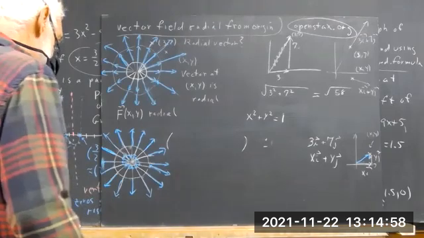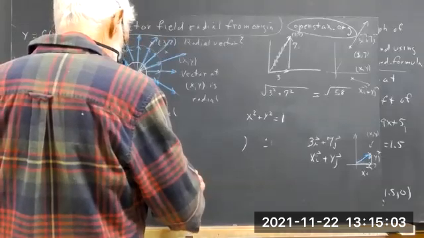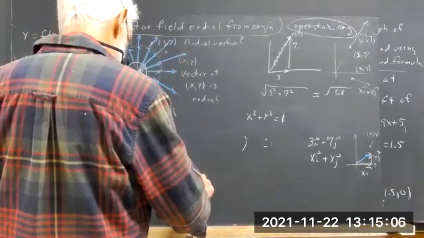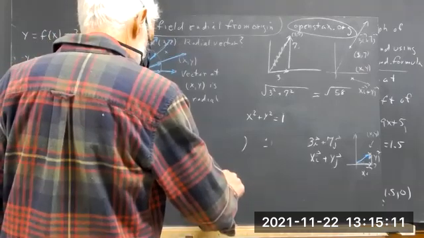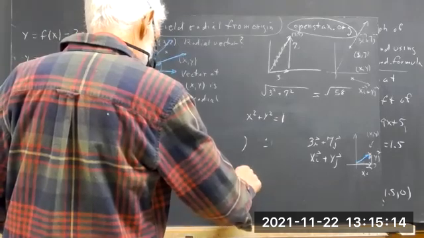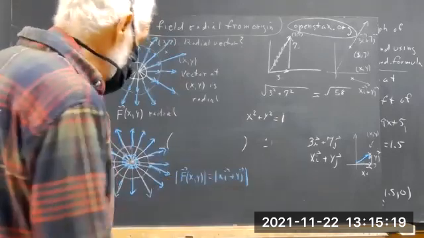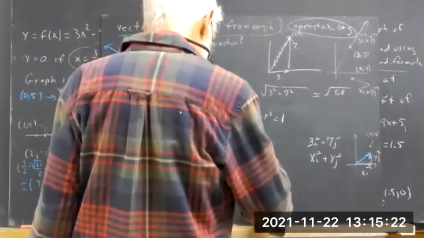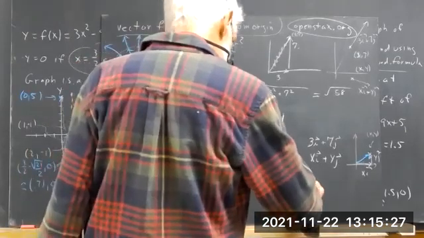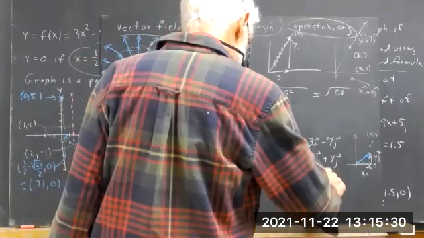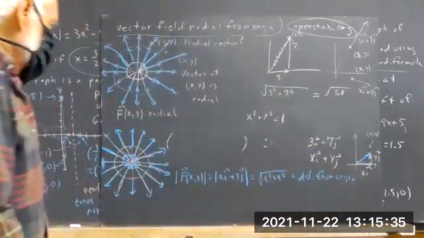So the length of the vector negative xi plus yj is equal to the distance.